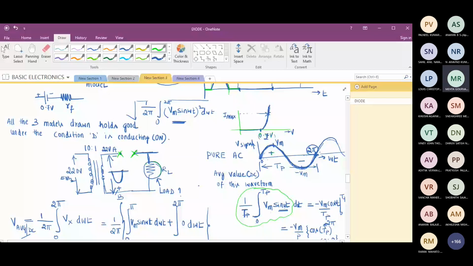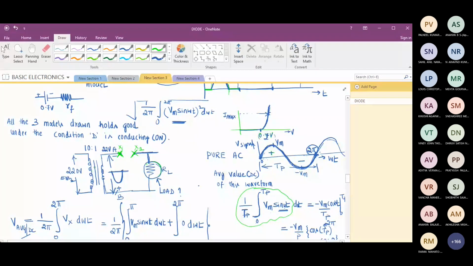Because terminal A is connected to one end, say X1, and terminal B is connected to the other terminal X2. Why am I saying terminal B is connected to X2? Because there is no drop across the resistance RL. You don't get any voltage drop across resistance RL. That means terminal B is connected to X2, X1 is connected to A. Am I correct? Yes, sir.